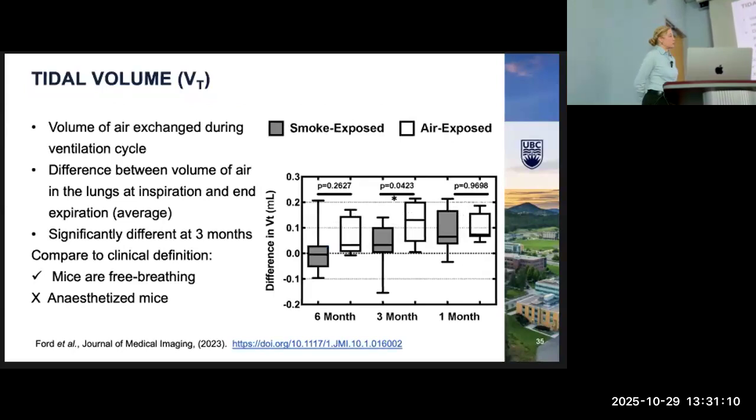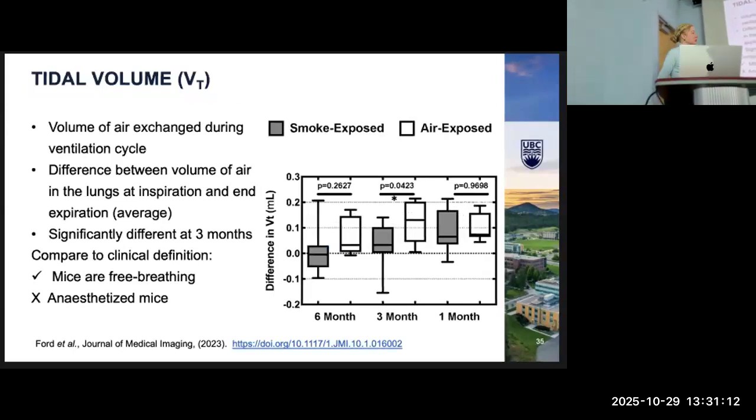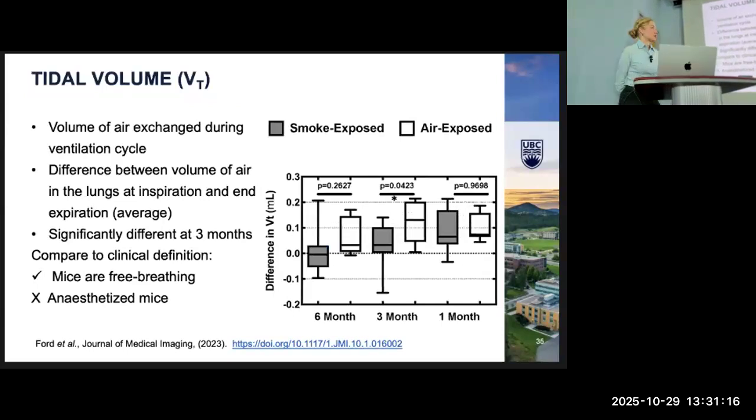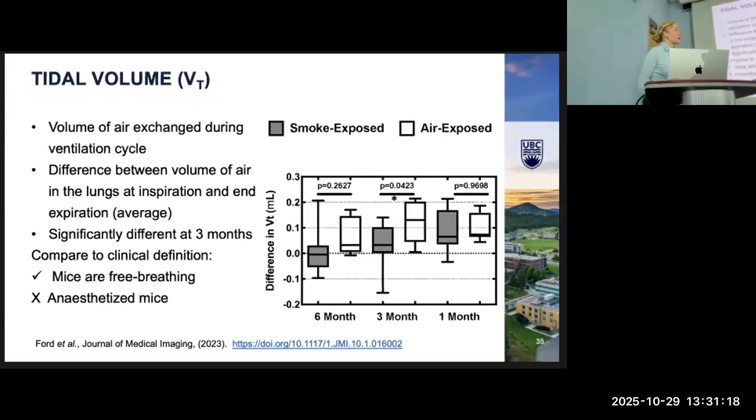In the tidal volume, we see a lot of variability in the smoke-exposed mice at 6 months, 3 months, even 1 month. Not a lot of statistical differences. We did see a small statistical difference at 3 months. This is a measure of how much air is breathed in and breathed out on average.